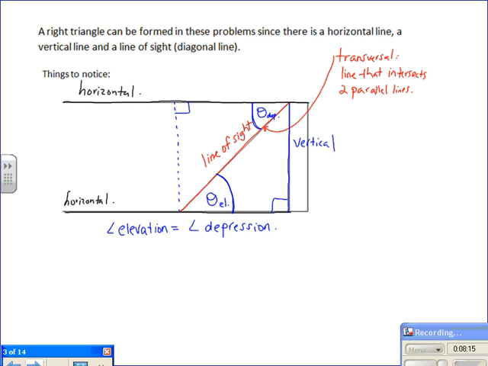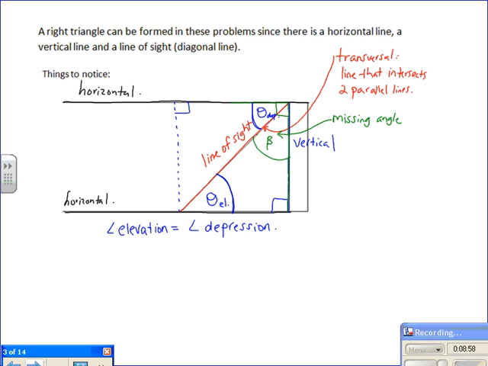The other thing that's always true here is that the angle of depression and this vertical line make a 90-degree angle. So the angle of depression plus this other missing angle, let's call it beta, have to equal 90 degrees because they make up a 90-degree angle. It's also true that this missing angle beta is part of a right triangle.